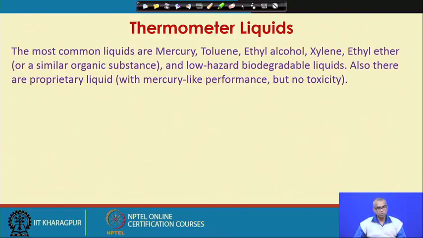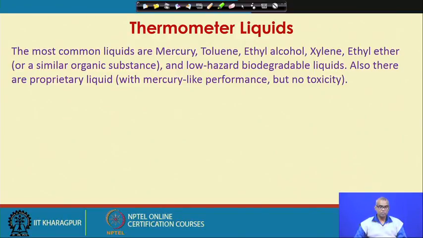Now, let us talk about what are the different thermometer liquids that can be used in glass thermometers or liquid in glass thermometers. Most common liquid is mercury and alcohol. However, toluene, xylene, ethyl ether or a similar organic substance, and low hazard biodegradable liquids are also used.